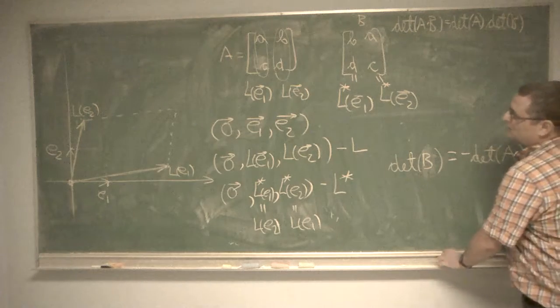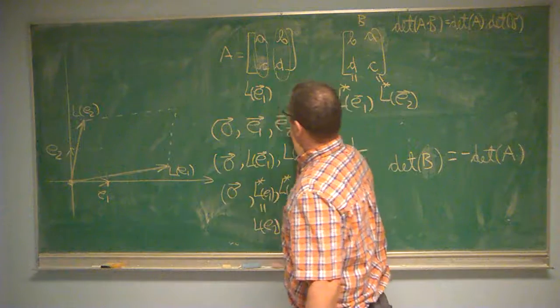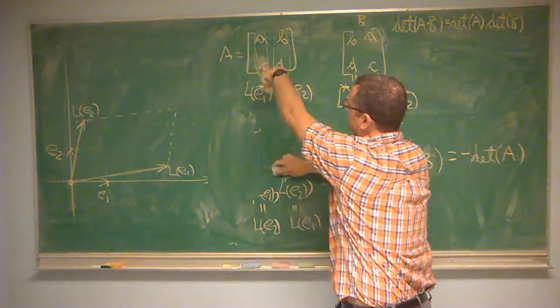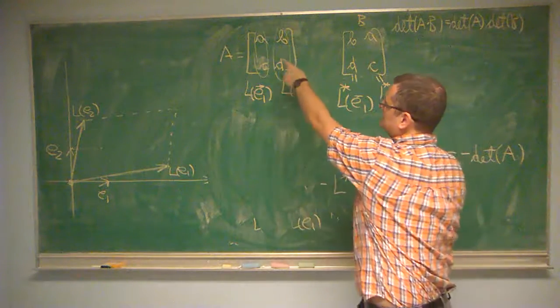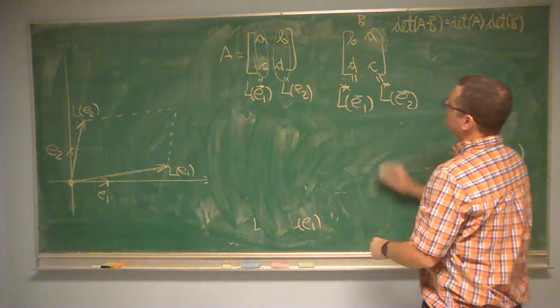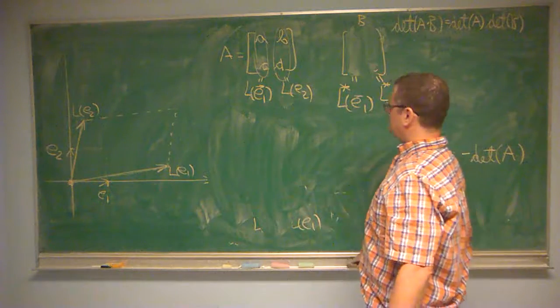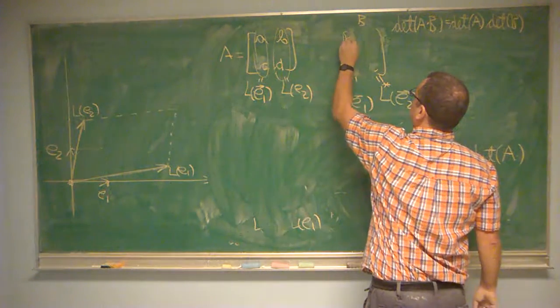Okay, now what about scaling one column? So suppose I have transformation L represented by this matrix, and now suppose I multiply, let's say, the first column by some non-zero scalar k.